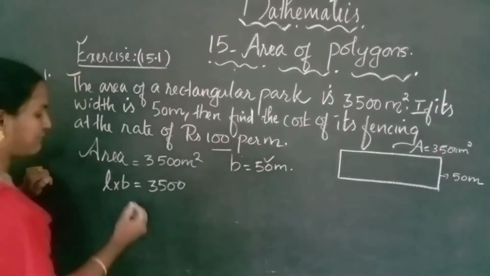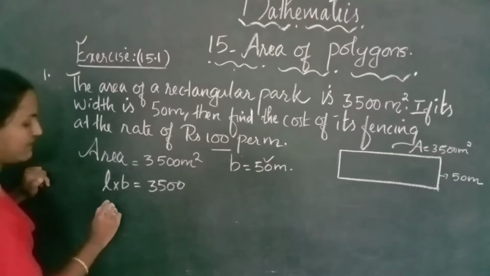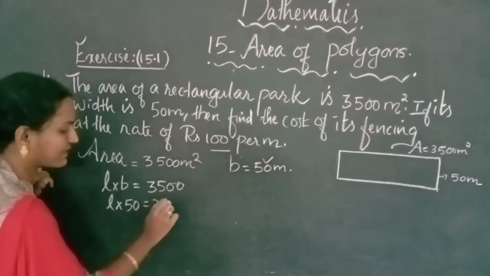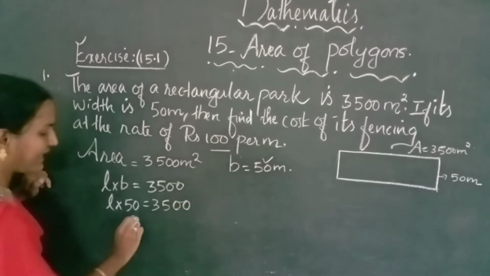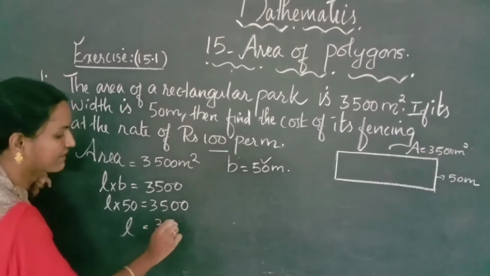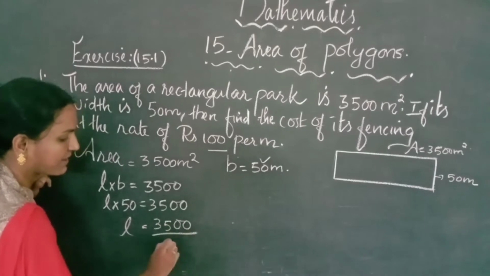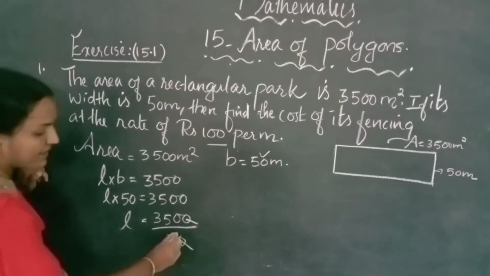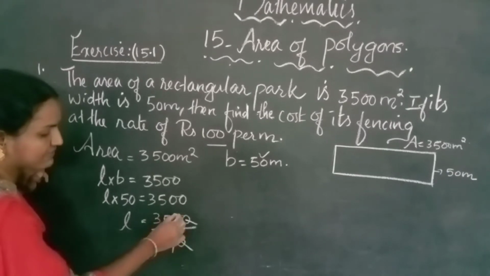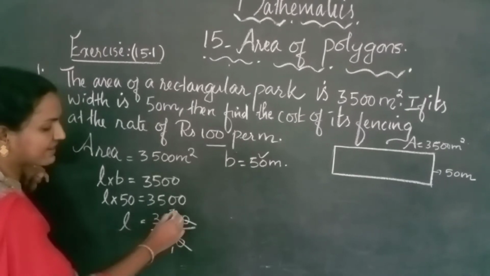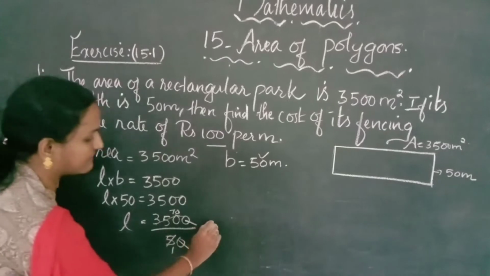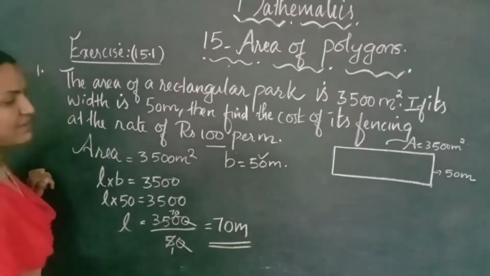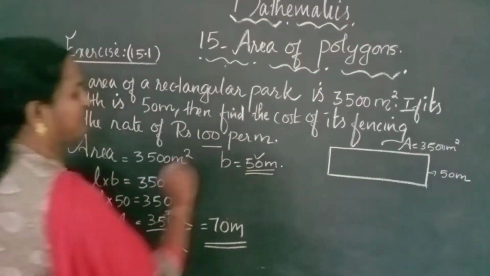Substituting width, L into 50 is equal to 3500. Length is equal to 3500 divided by 50. Cancel 0 and 0. 5 7s are 35, 0. So length is equal to 70 meter, breadth is equal to 50 meter.